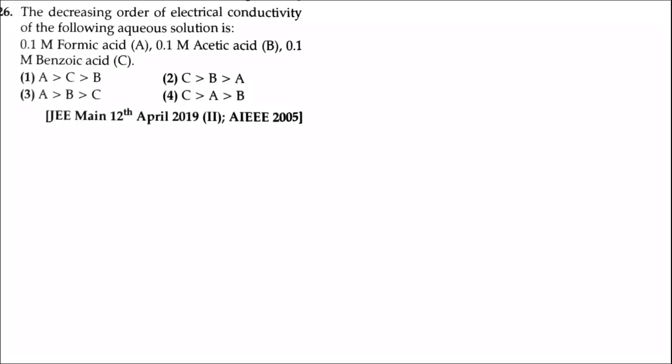The decreasing order of electrical conductivity of the following aqueous solution is 0.1 m formic acid, 0.1 m acetic acid and 0.1 m benzoic acid. Now formic acid is a stronger acid than benzoic acid and benzoic acid is a stronger acid than acetic acid.